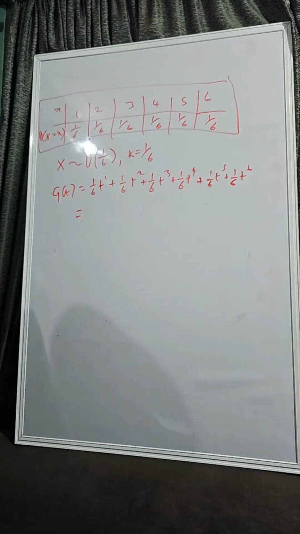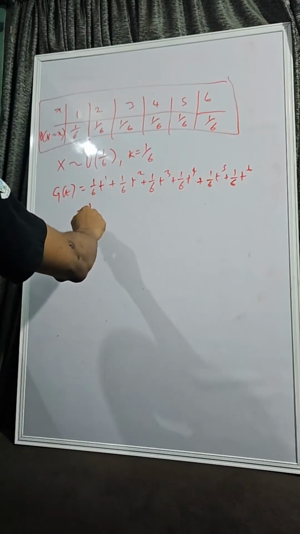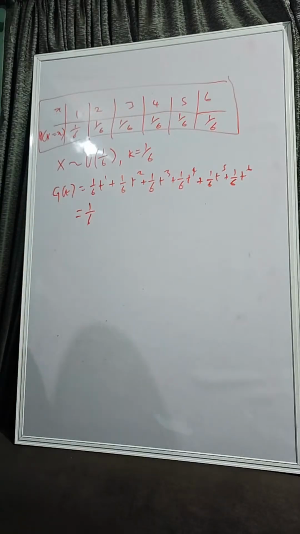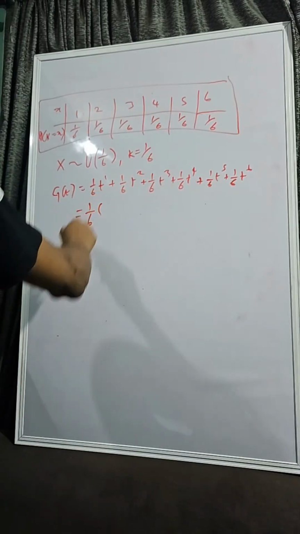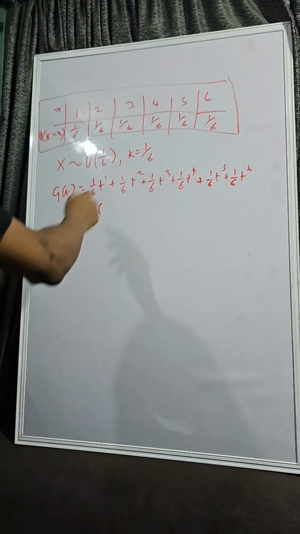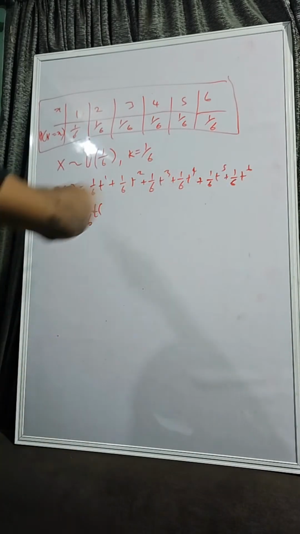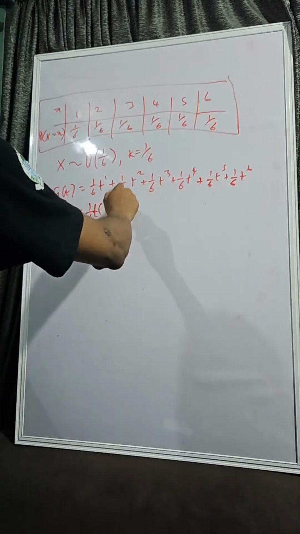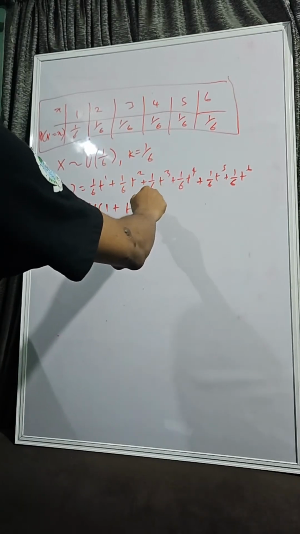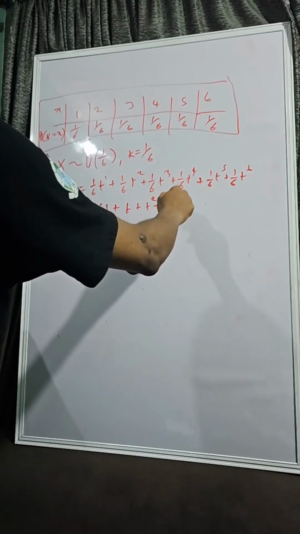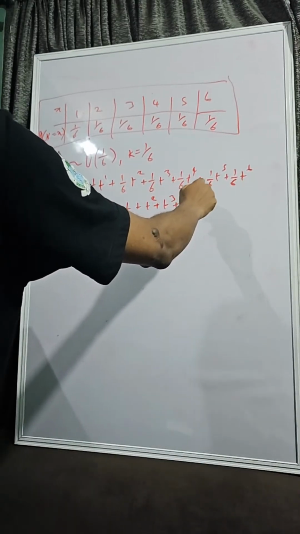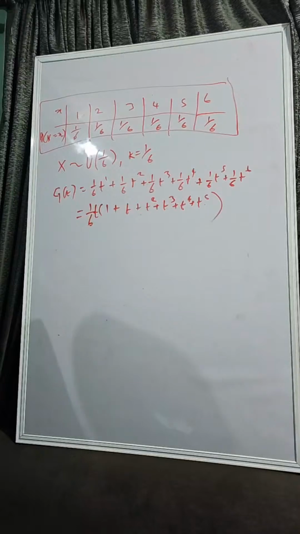So this will give you what? 1/6 will come outside. Okay, you can make it 1/6 T, because 1/6 T is in all of the equations. So you are left with 1 plus T squared plus T raised by 3 plus T raised by 4 plus T raised by 5.